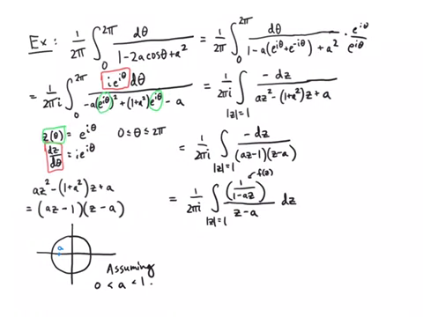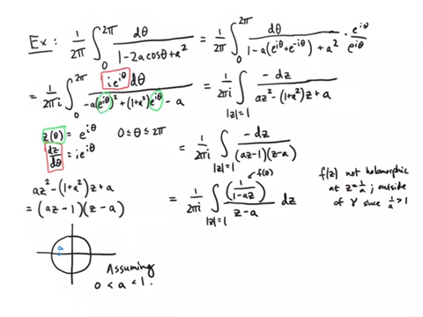So f of z is not holomorphic at z equals 1 over a, but this is outside of gamma, since 1 over a is bigger than 1, which follows directly from the inequality that a is between 0 and 1.